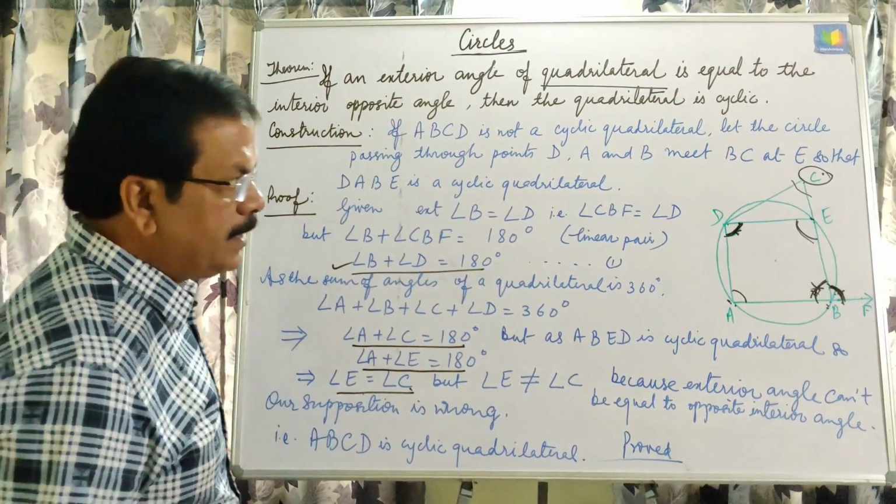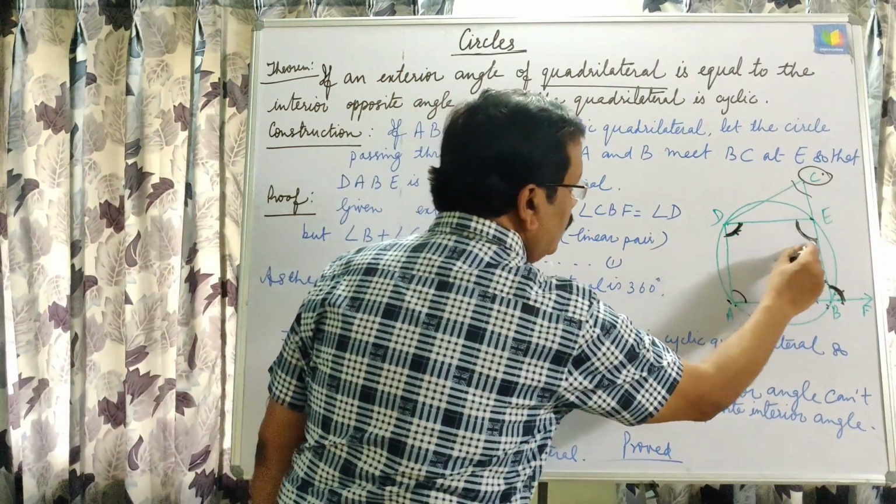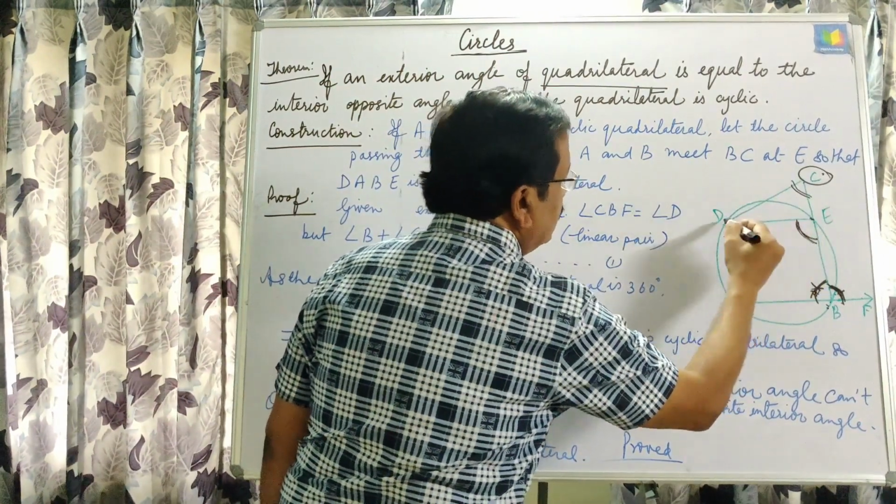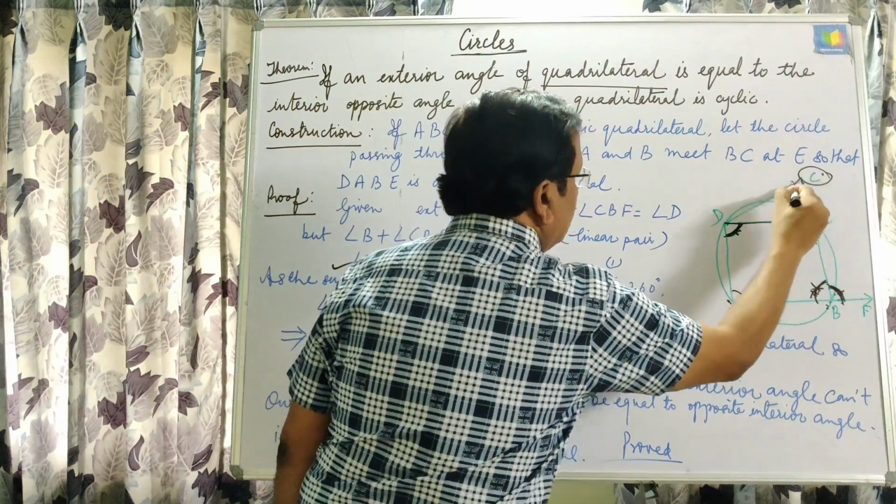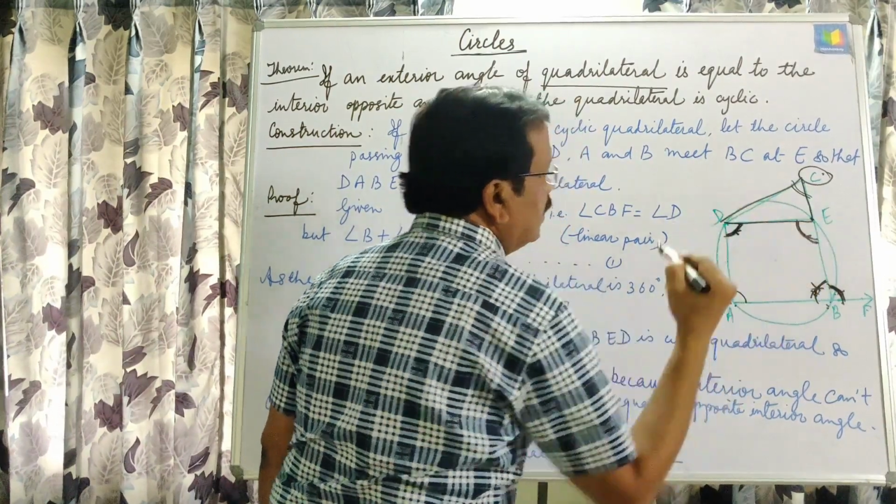But this angle E cannot be equal to angle C, because taking this triangle, this is the exterior angle.